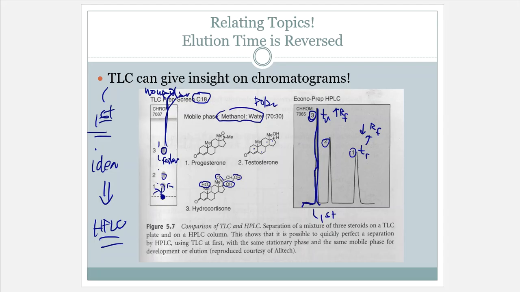Go figure. I was able to explain why this happens, and all because I know the basics of how TLC actually operates, right? That's all that this is about. Stationary phase, mobile phase, polarity, electronegativity values. That is what made these judgment calls. I was able to predict it before it even happened.